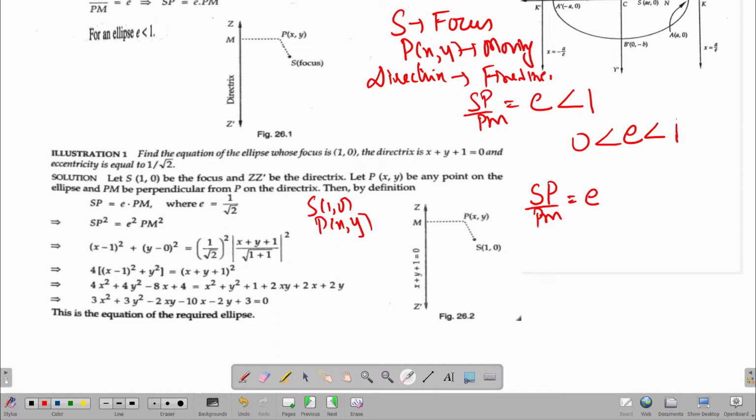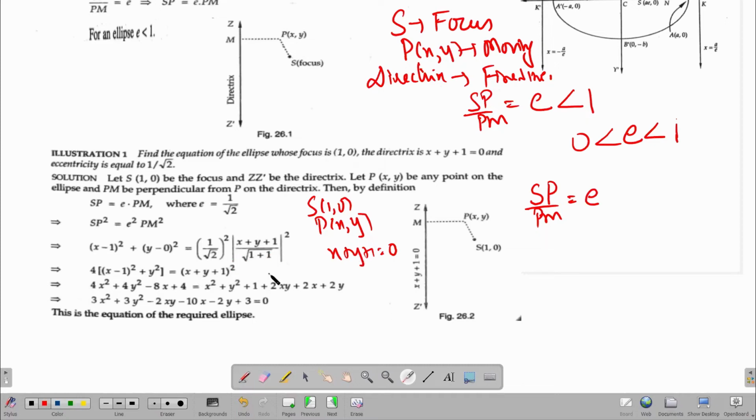And in place of PM square, I use the distance of the point P from the line x plus y plus 1 equal to 0. That is Ax1 plus By1 plus C, that is 1 into x plus 1 into y plus C, upon root of the coefficient of x square plus the coefficient of y square, that is 1 square plus 1 square.